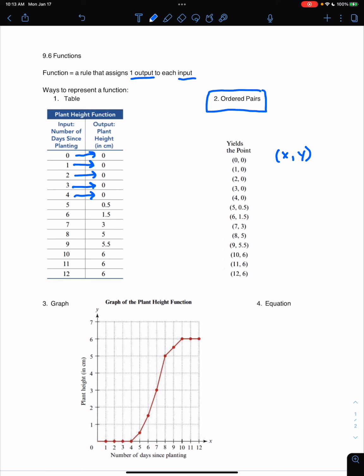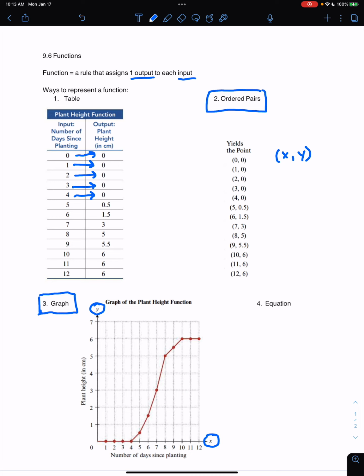Another representation for a function is a graph. All we have done here is taken these ordered pairs and put them on a coordinate plane. Notice that the X value is on the horizontal axis, the Y value is on the vertical axis, and we put a point at each place represented by those ordered pairs.